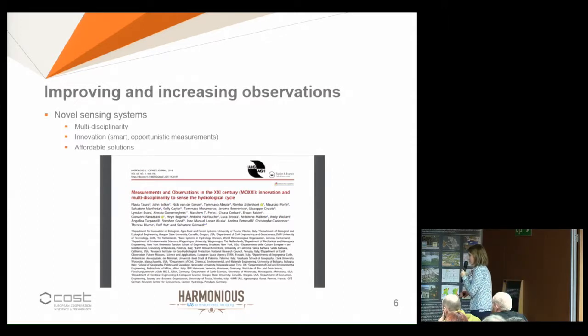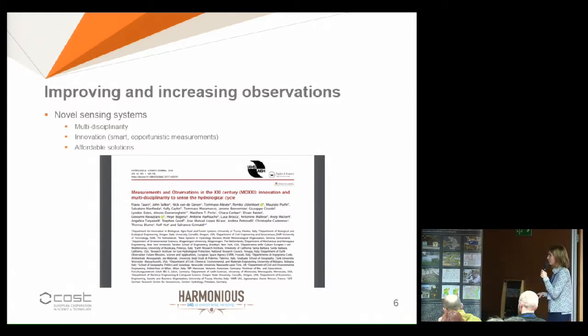Okay, so some of the people in this room have tried to address this issue, and I'm referring to Salvatore and Giuseppe and Nino and some other researchers that together with me made up a working group. This is a working group of the International Association of Hydrological Sciences, called MOXIE, Measurements and Observations in the 21st Century, that tries to address the dearth of affordable monitoring stations by resorting to multidisciplinarity, innovation, and affordable solutions.